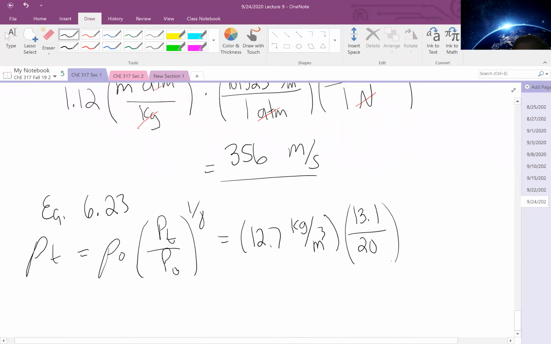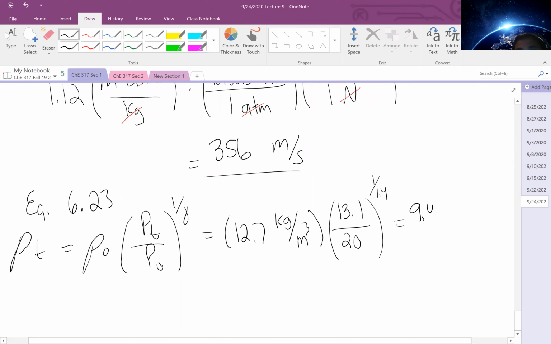They're both atmospheres, so the atmospheres cancel, raised to the 1 over 1.4 power. If we do this, we get a density of approximately 9.41 kilograms per cubic meter.